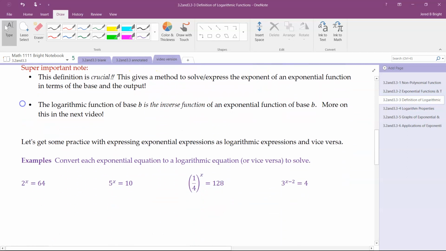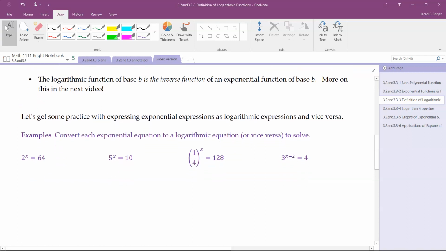All we want to be able to do initially is get practice with switching between the two forms. This one you could probably solve and say x is going to be 6, but let's just practice converting.